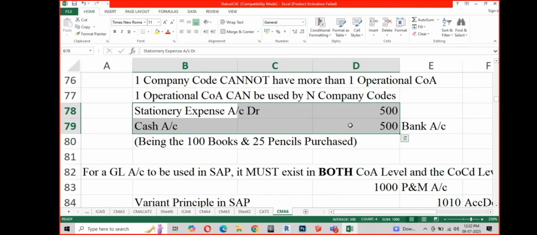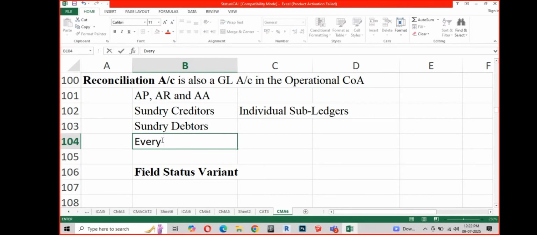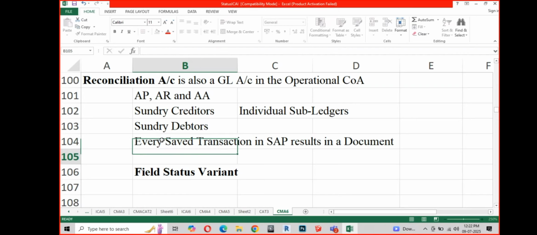Let me just put this point up even before I talk about the topic. Every saved transaction in SAP results in a document. So in SAP, if somebody says the document has got generated without the transaction, it is a wrong statement.